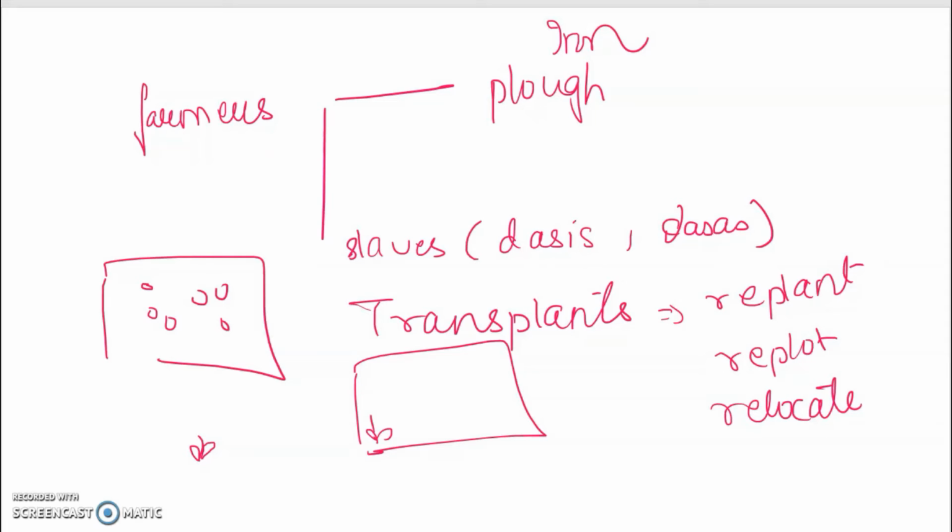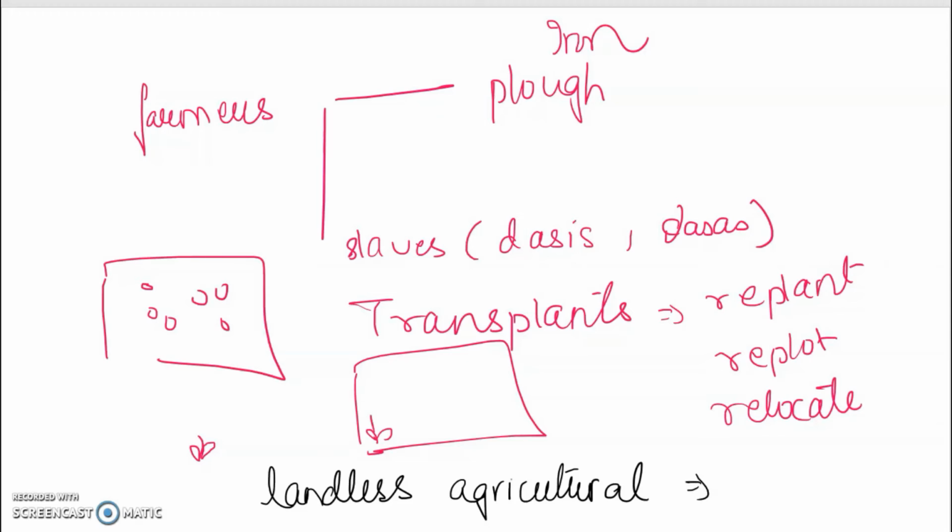And whom you can engage for this? It could be the slaves, the dasas or dasis. Or there's another term that I am going to introduce right here. They were landless agricultural people or agricultural laborers. They were known as kammakarars.